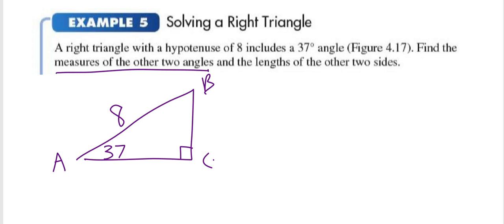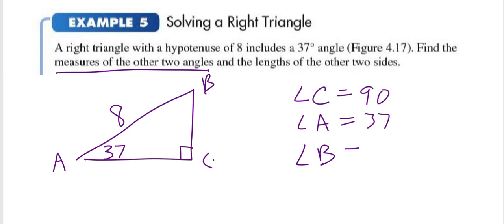Now, correct me if I'm wrong, but didn't they just tell me it was a right triangle? So don't I know one of them pretty quickly? So angle C, we got that one, right? Hopefully that one's an easy one. We know angle A, they gave that to us. What about angle B?